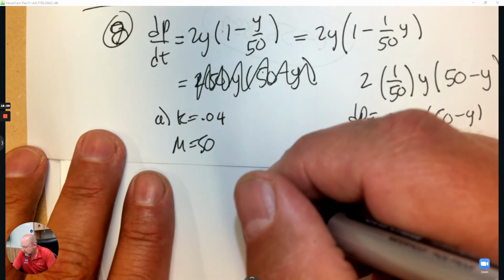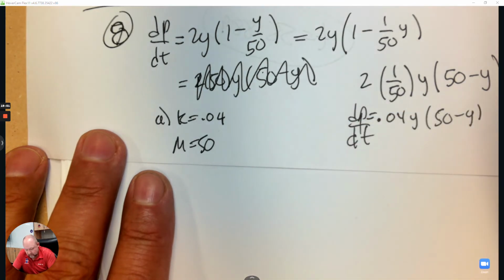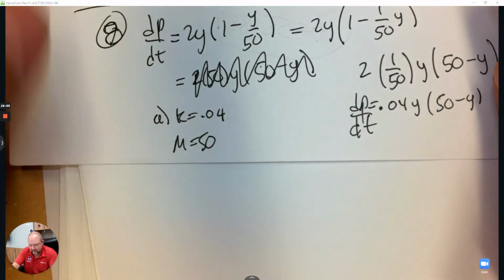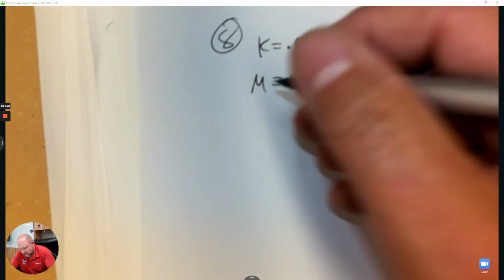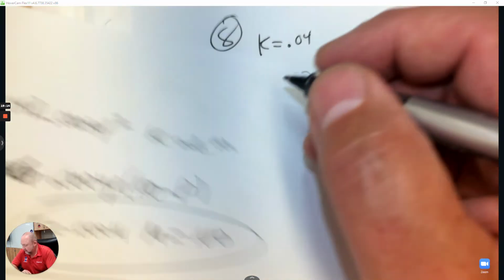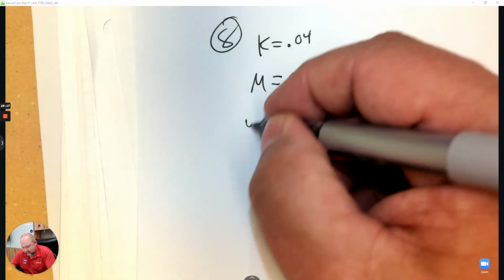And then give the logistic equation of 0 and 10. All right, lost space here. So we know K is 0.04. The carrying capacity is 50. And so it says the initial population for it is 10.